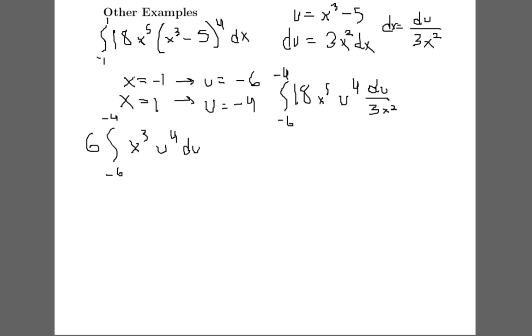So we go back up to our u equals x to the 3rd minus 5. We'll add 5 to both sides. We'll get x to the 3rd equals u plus 5.